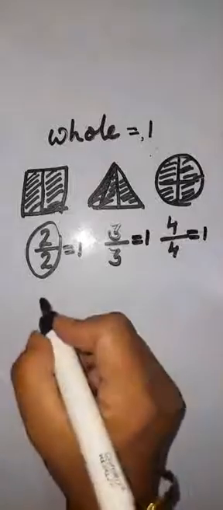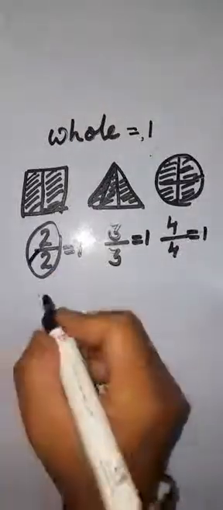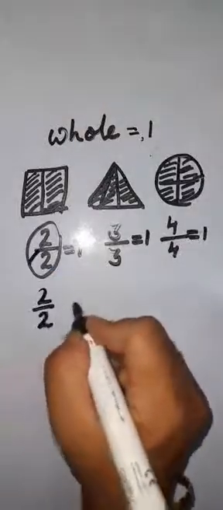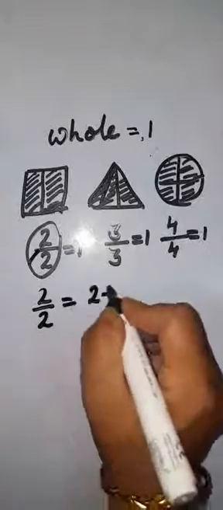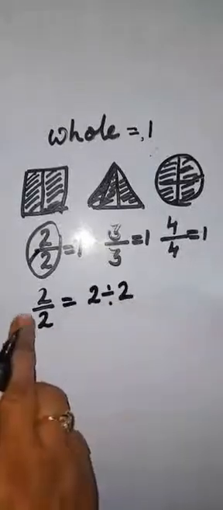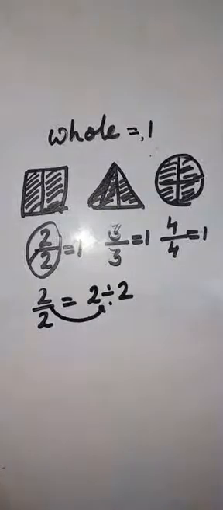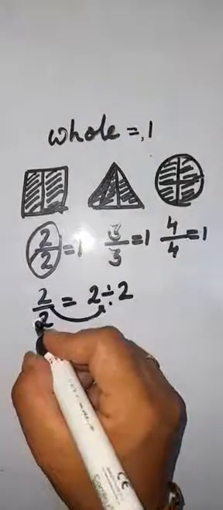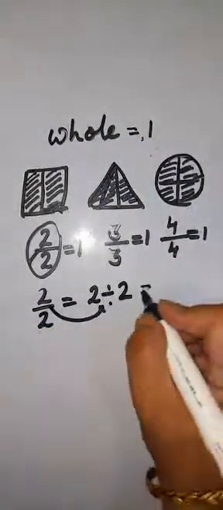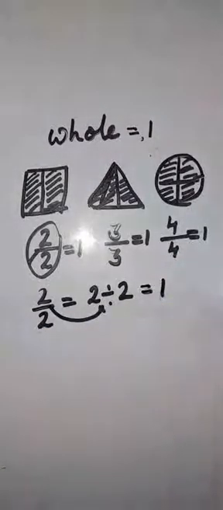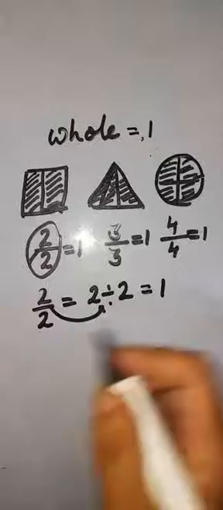Because children, we know that this is a fraction bar. 2 out of 2, it means that 2 divided by 2. This fractional symbol is also known as this division symbol. We can divide also. So 2 divided by 2 is equal to 1. अगर हम 2 को 2 से डिवाइड करेंगे तो 2 की टेबल में 2 कौन से नंबर पे आता है? Yes, 1. So 2 ones are 2.